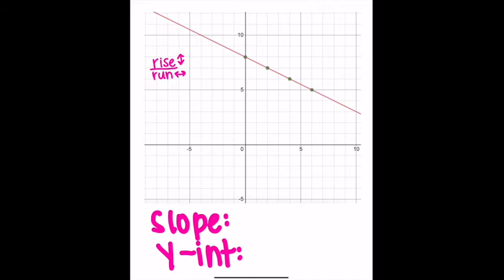So, let's say I pick my two perfect points. Let's say I pick this point and this point. It doesn't matter which 2 points you choose, they should all simplify to the simplest fraction possible. So let's find the rise over run first, and then I'll show you another way that you might like better.